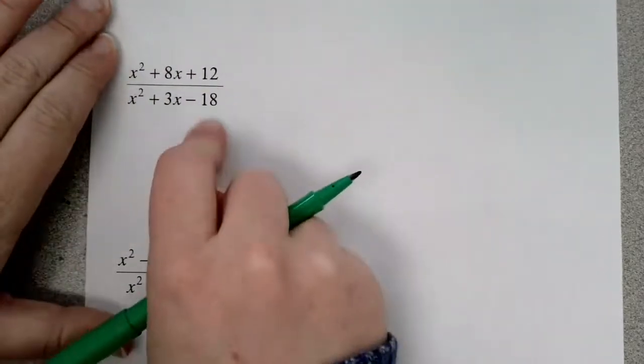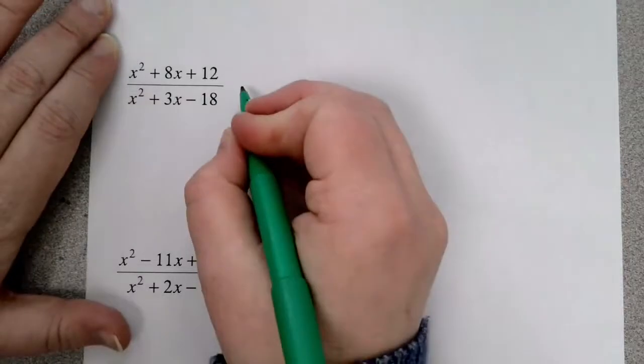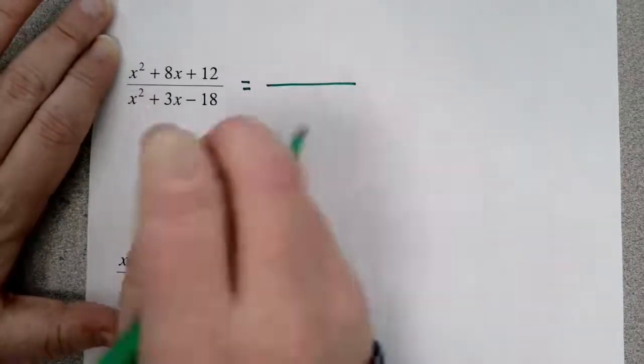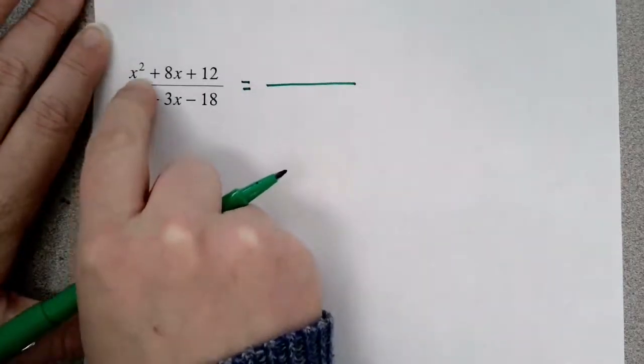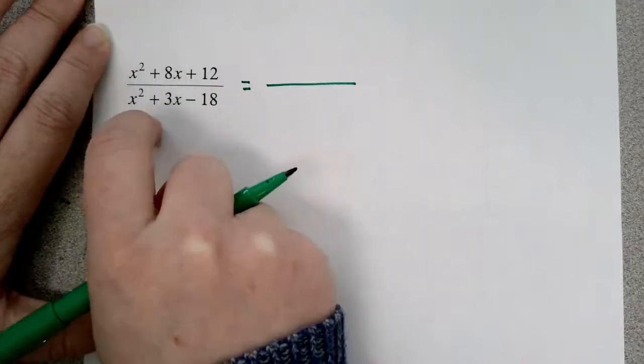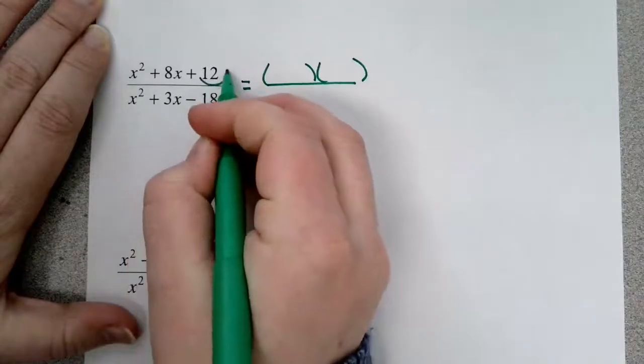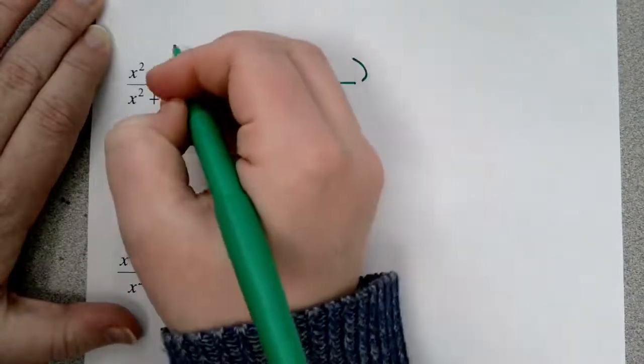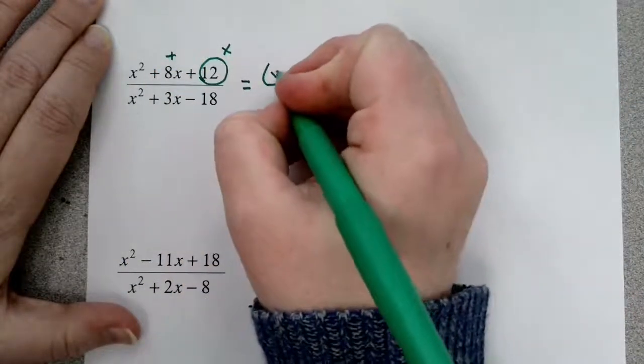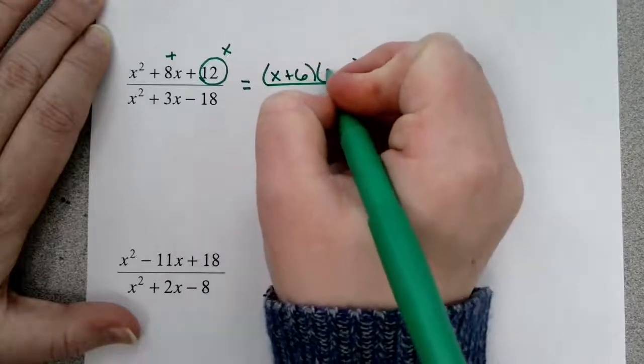Alright, this next one we're just going to have to simplify the top and the bottom, which is completely okay. They're both quadratic trinomials where your a is 1, so I can do it the same exact way. Let's factor the top. What two numbers multiply to be 12 but add to be 8? That's going to be 6 and 2.